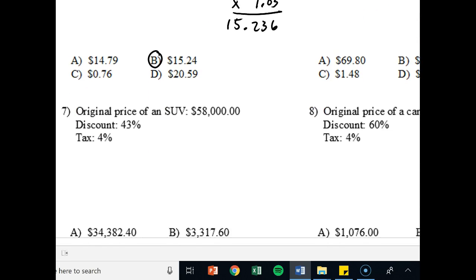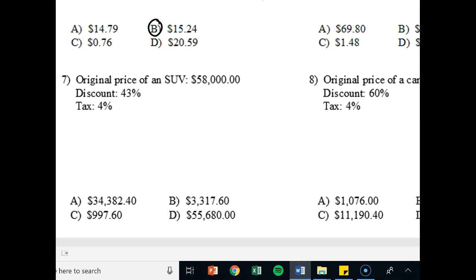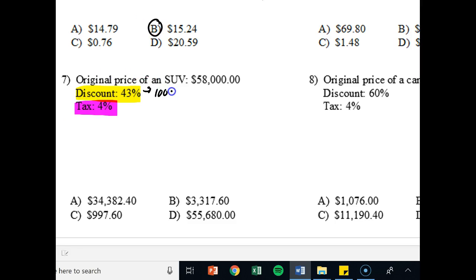Right? Number 7, we got an SUV. It's got a 43% discount and then a 4% tax on it. So first, we're going to go ahead and find 57% of the price, so $58,000 times 0.57.